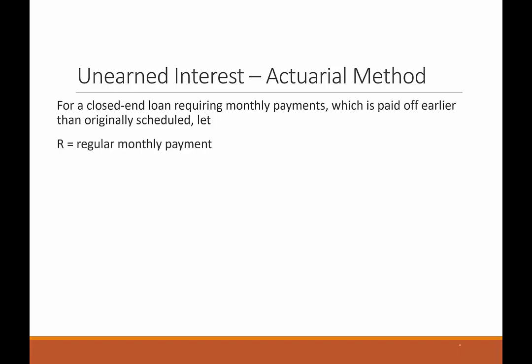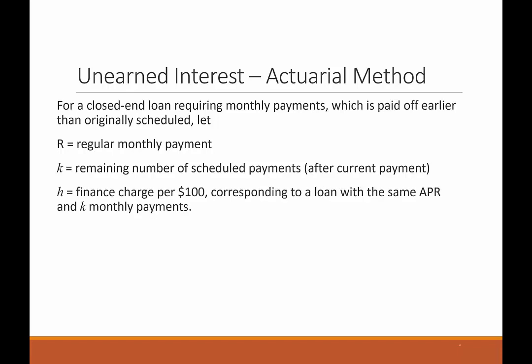We're going to let capital R equal the regular monthly payment, lowercase k represent the remaining number of scheduled payments after the current payment, and H is the finance charge per $100 corresponding to a loan with the same APR and k monthly payments. We saw this in the previous section, calculating that H value, only this time we have to figure out what the H value is.